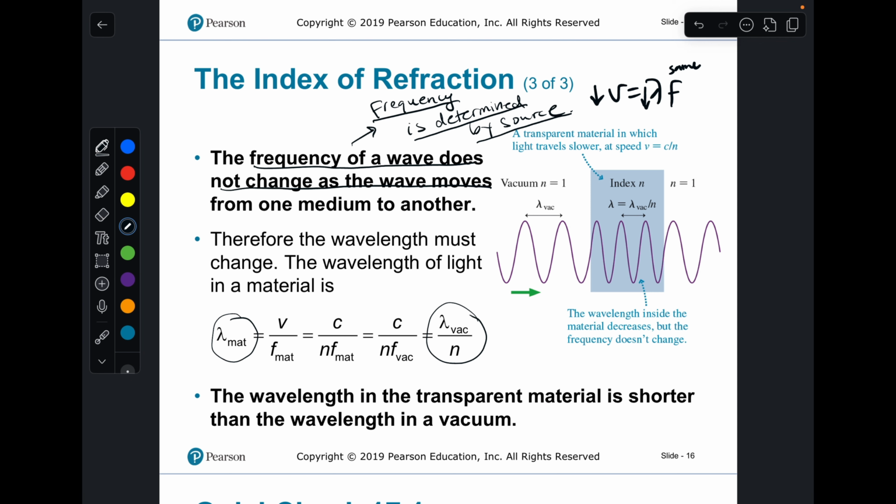And so we can use the index of refraction to calculate the new wavelength of the light when it enters a material with index of refraction n. The wavelength of the light in that particular material is going to be the wavelength of light in vacuum divided by n. You can see here how that's determined through this relationship.